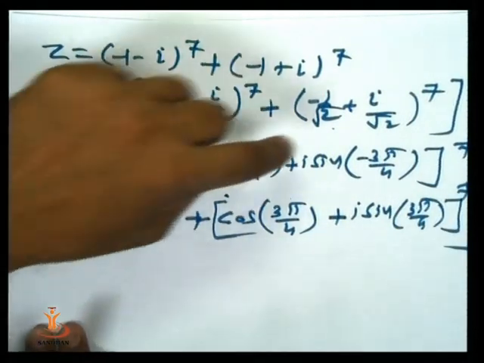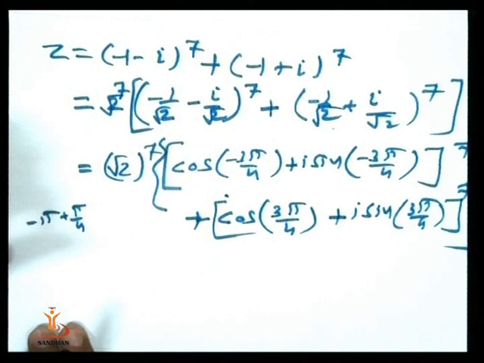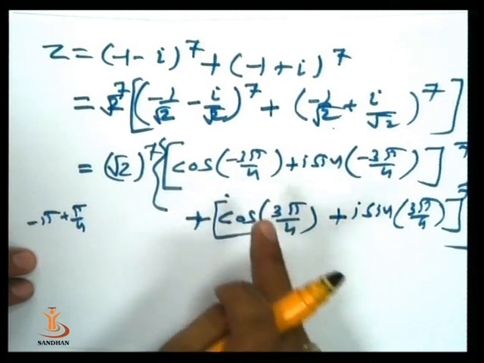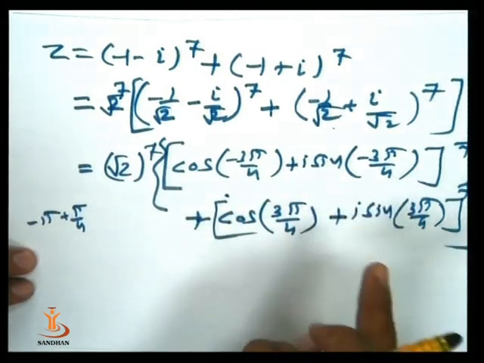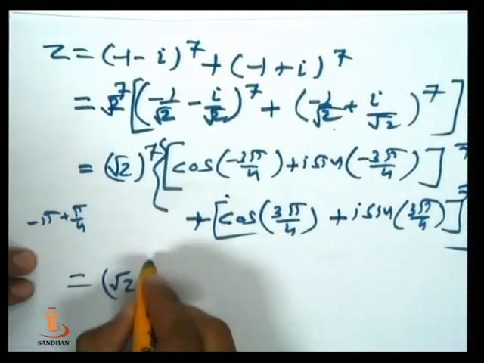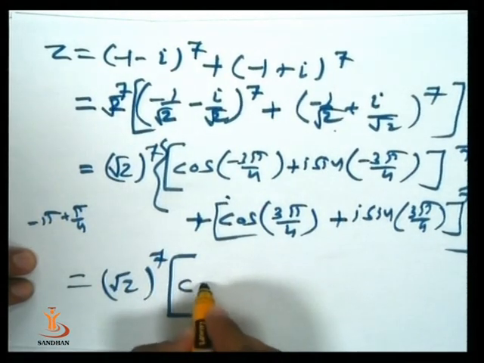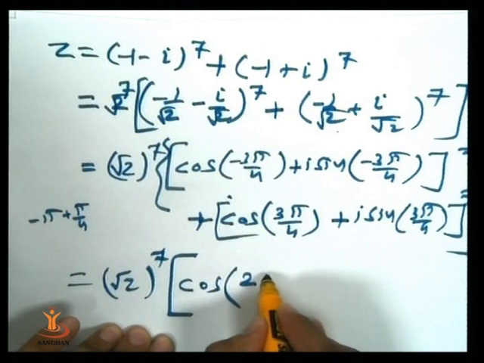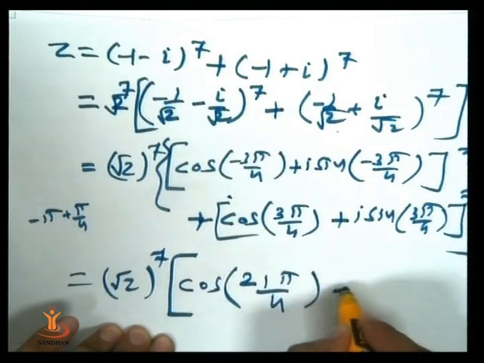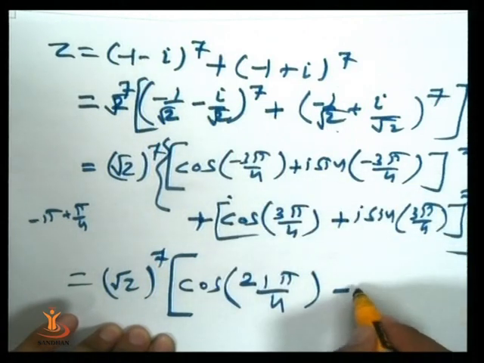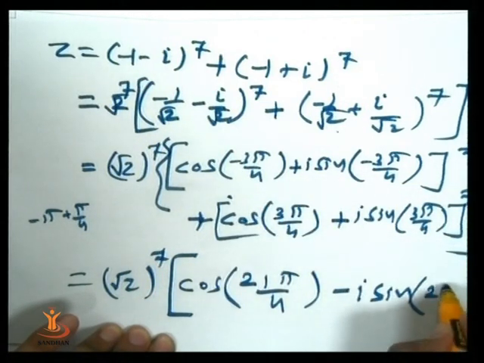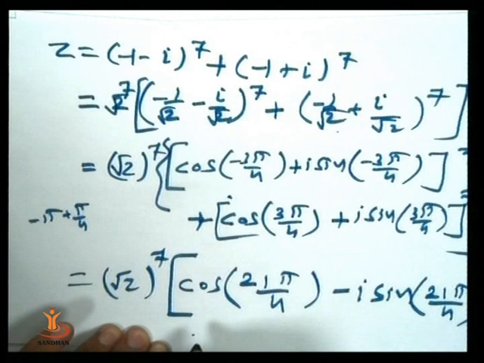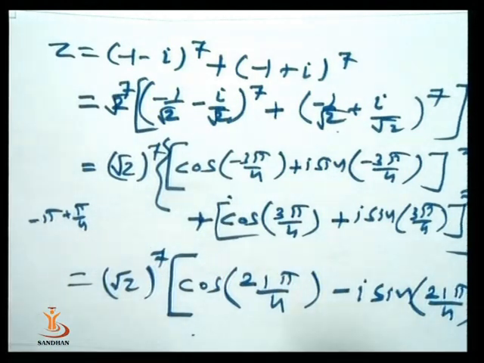Now by De Moivre's theorem we can enter this 7 inside the cos function. So this will be cos minus 21 pi upon 4. Similarly here. Now cos is an even function, so cos of minus 21 pi by 4 is cos 21 pi by 4, and sine is odd, so we take the minus out.